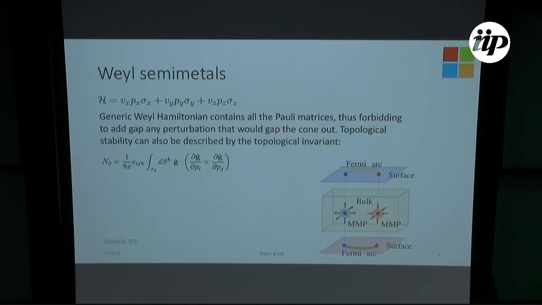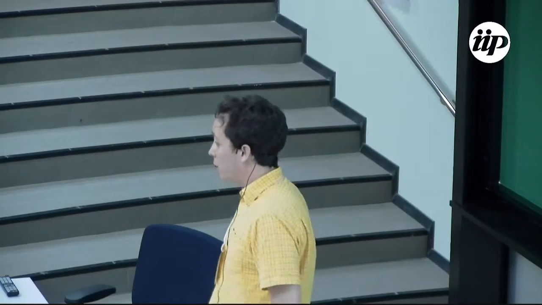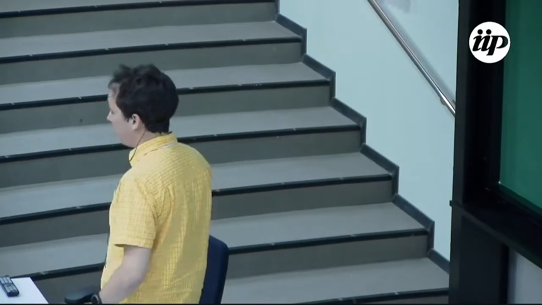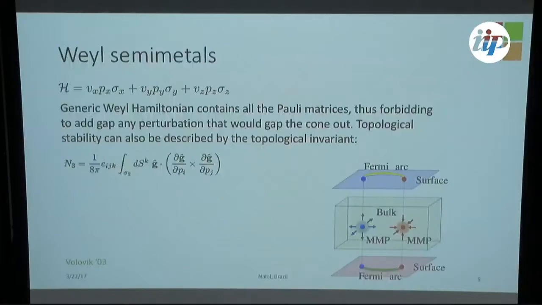An alternative topological way to think about it is to integrate the Berry curvature around the Weyl point, and then one gets an integer number, which defines the chirality of this Weyl point.